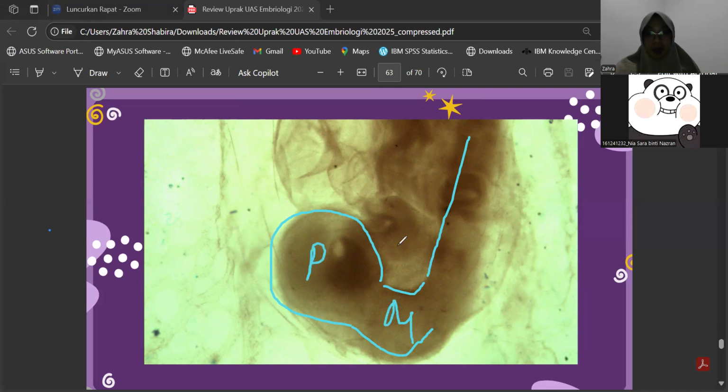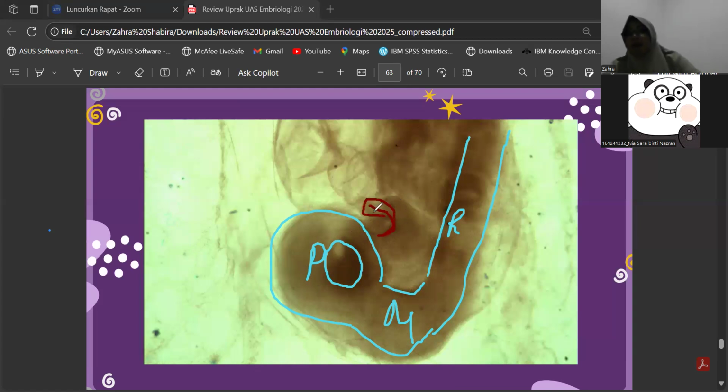The eye is still optic vesicle, but added to the next part that grows. Stomodium, this one, forms later to become mouth, and then optic vesicle that forms to become ear.